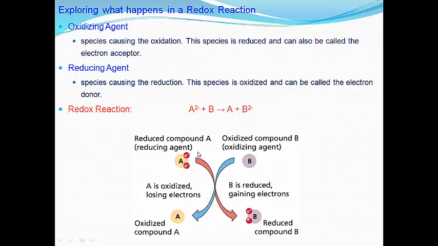This depiction shows us simply that we have reduced compound A with its 2 electrons, losing those electrons to become oxidized to form compound A. The reduced compound is the reducing agent, and then on the other hand we have the oxidized compound B, which is called the oxidizing agent, gaining those 2 electrons that are lost from the reducing agent to become itself reduced.